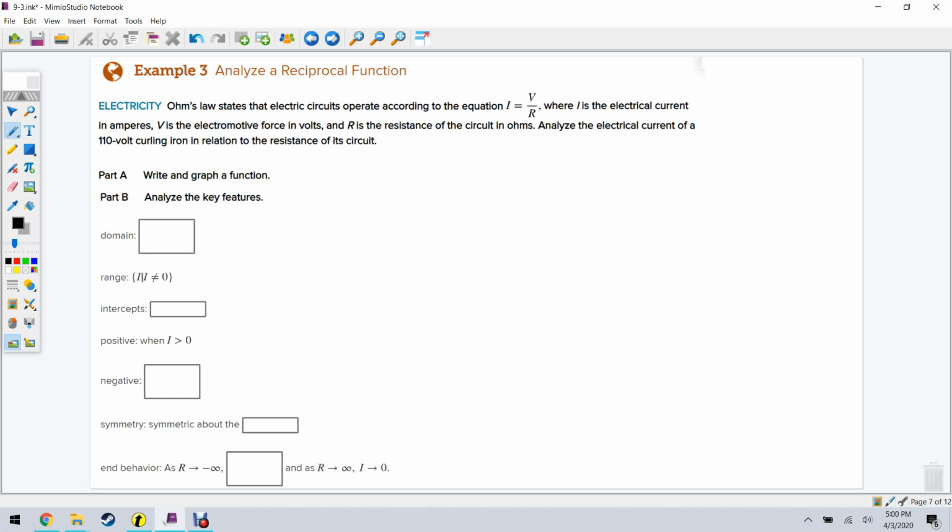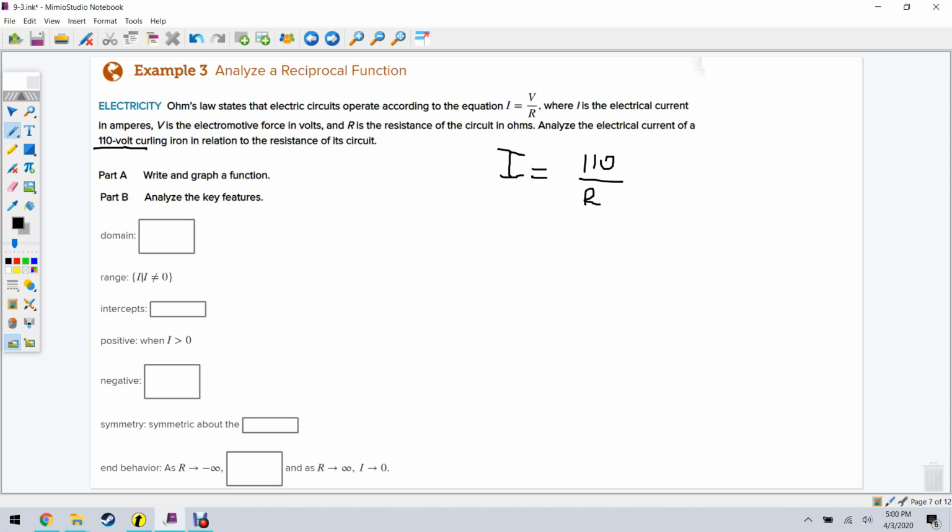So I equals V over R, not that hard. If you read the question, V stands for the voltage, the potential difference, which is 110 in the given question. I is the current, and R is the resistance. If you make the changes, I will be 110 over R, that's it.